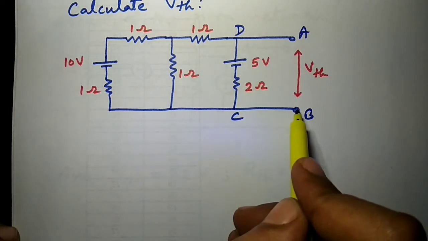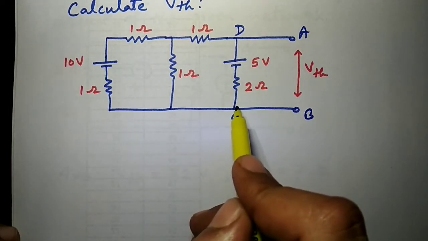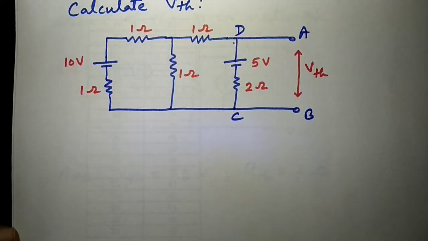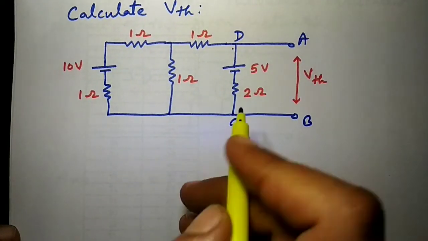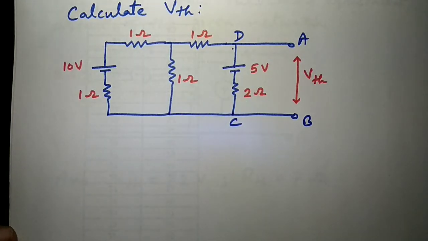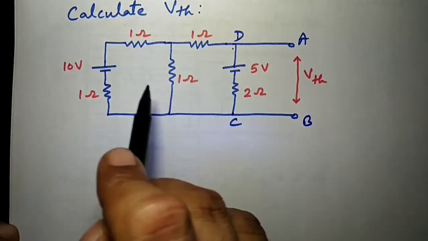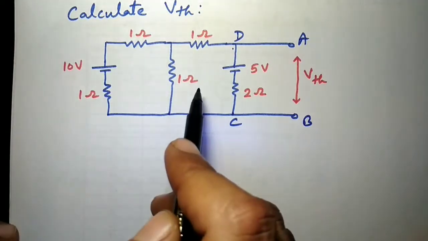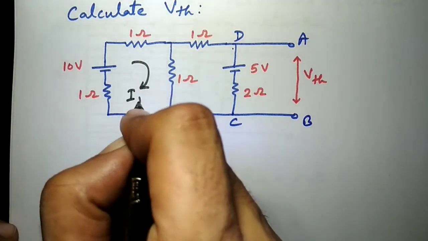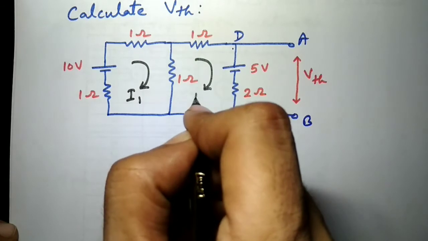Then only we can calculate the voltage across B and C, then C and D, and then D and A. Now to calculate the current through the 2 ohm resistance, here we can apply mesh analysis in the rest part, as there are 2 meshes. So consider here mesh current I1 and here the mesh current I2.